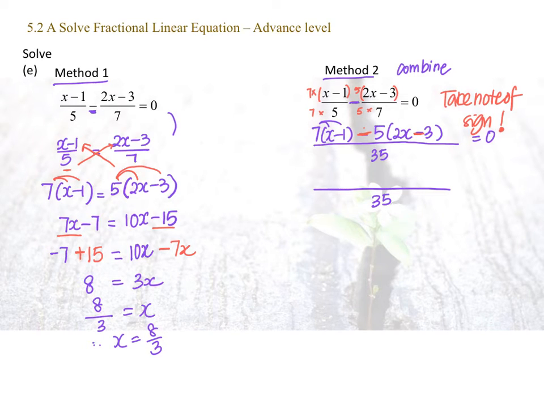7x minus 7. And this will be negative 5 groups of 2x, negative 10x, negative 5 groups of negative 3. So that will give us positive 15 to be equals to 0.